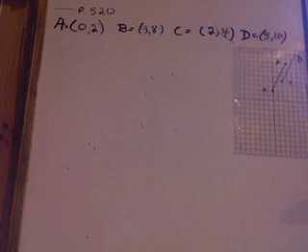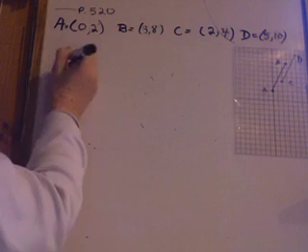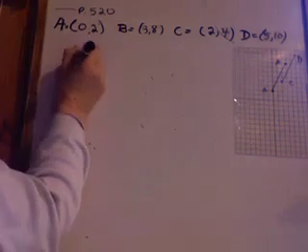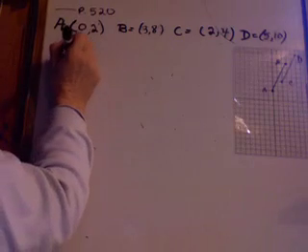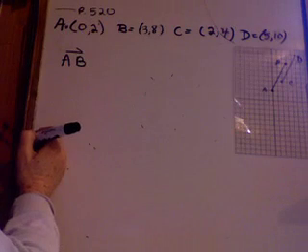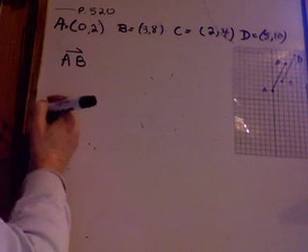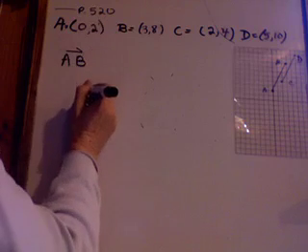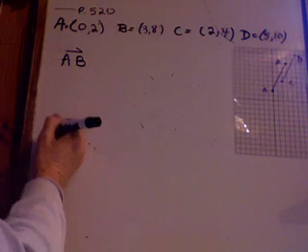Now, if I want to talk about these in terms of a vector or a directed line segment, when I name it, if I want to talk about AB as a line segment, I put this symbol over the top of it, and what it means is I'm talking about the line as it goes from A to B. All right?